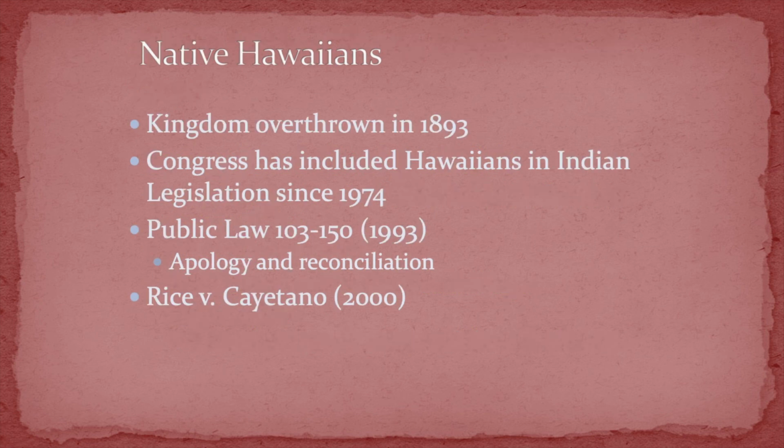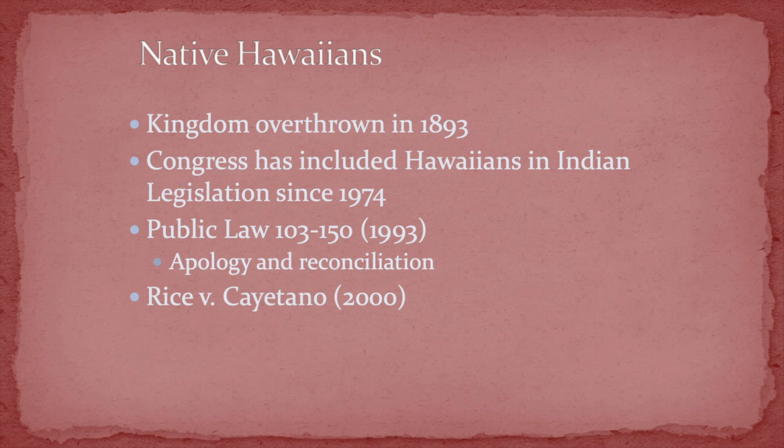I also have to bring up the Native Hawaiians, particularly right now. The kingdom was overthrown in 1893, and I can talk about the very ugly and bloody history of that, but I will decline for today. Congress has included Hawaiians in Indian legislation since 1974.